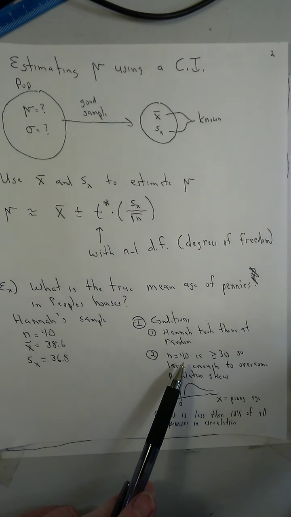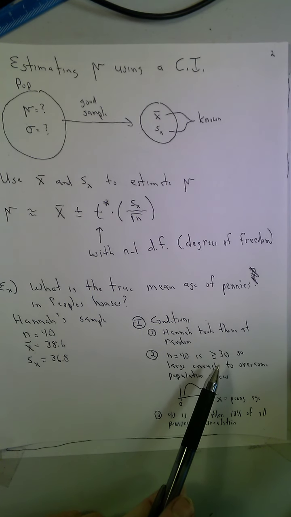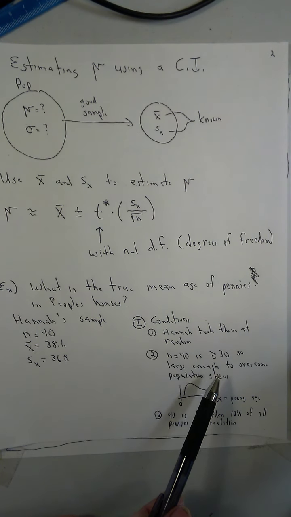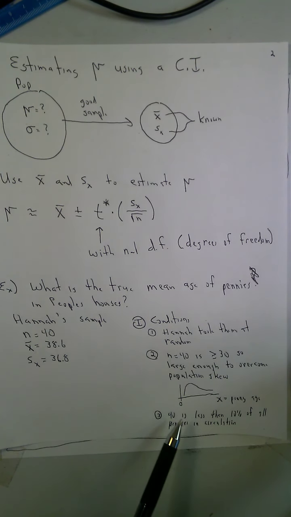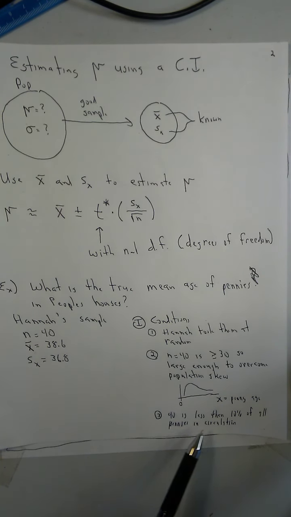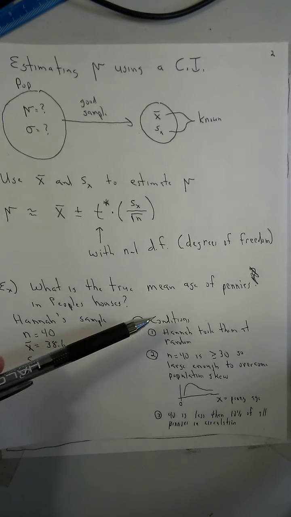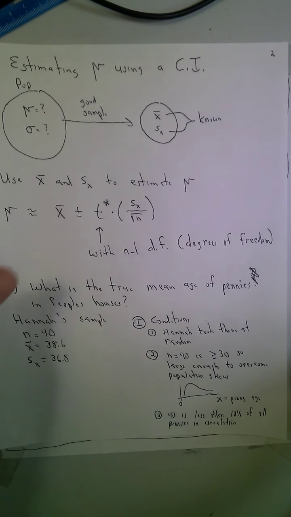But a sample size of 40 is almost always good enough to overcome skew. The rule of thumb is bigger than 30, you're okay. Less than 30, you have to check for skewness somehow. And then the 10% condition: 40 is definitely less than 10% of all pennies that are out there in circulation. So first step, check the conditions.